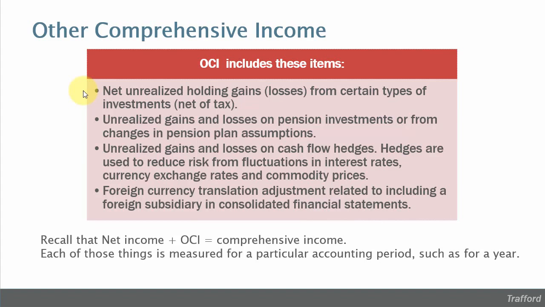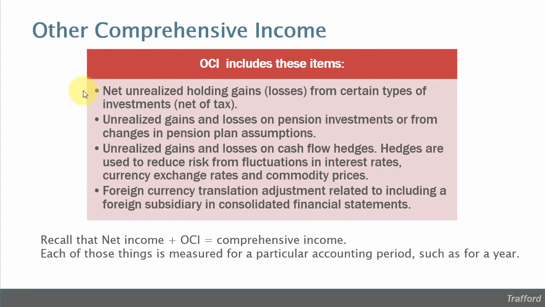The $5,000 gain is called an unrealized holding gain because the company hasn't sold the bonds, they're still holding them. And that $5,000 of gain in this case would not show up on the income statement. Instead, it would be an OCI item, and it would only show up in the computation of comprehensive income.